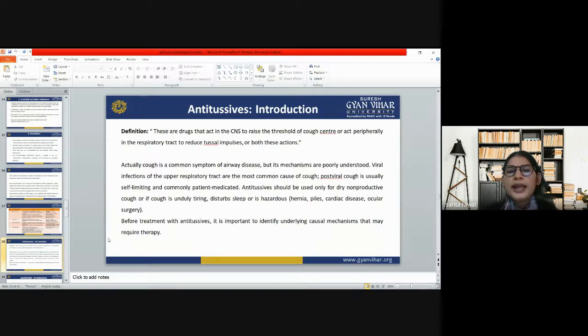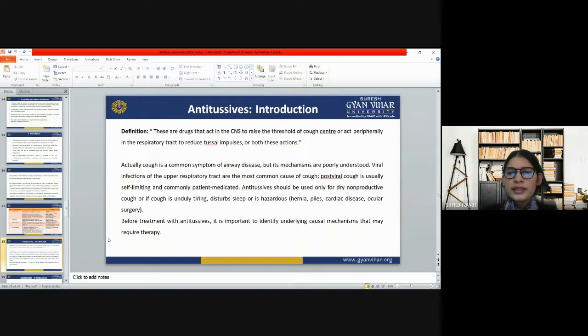Then coming to the antitussives, what is an antitussive? Antitussives are drugs that act in the CNS to raise the threshold of the cough center, or act peripherally in the respiratory tract to reduce tussal impulses, or both. Cough is a common symptom of airway disease, but its mechanisms are poorly understood. Viral infections of the upper respiratory tract are the most common cause of cough.